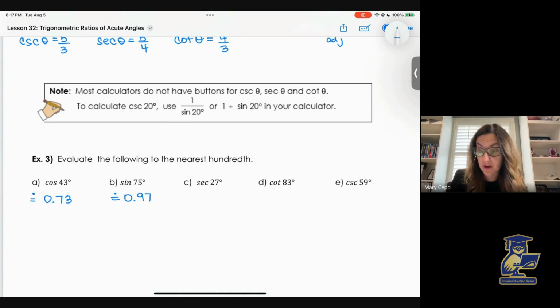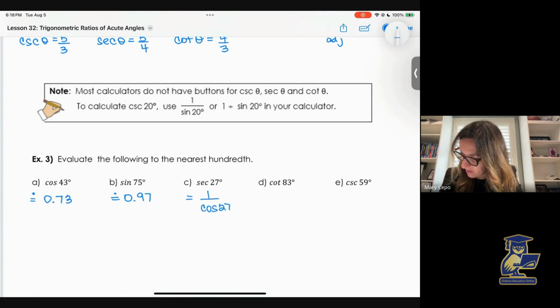Secant, you're not going to find. So what we need to do, we know that secant ratio is the reciprocal of cosine. So that would be the same as 1 over cos of 27 degrees. That you can calculate, which is about 1.12. Cotangent ratio, again, that is the reciprocal of tan.